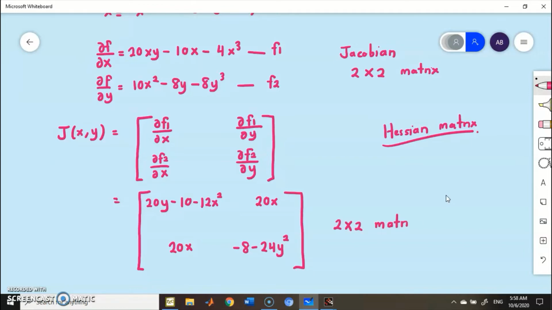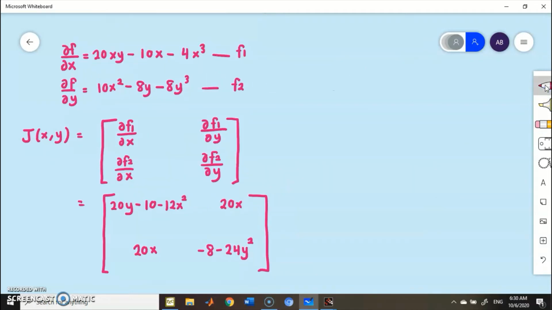Now we want to put all this information into Scilab. I want to show you how to write this in Scilab first. We see that we have two variables, x and y.